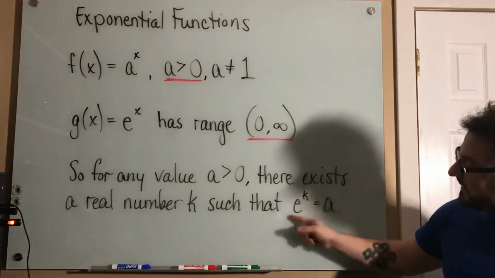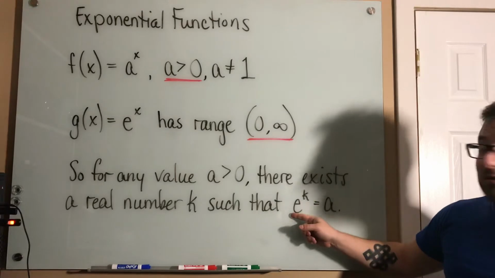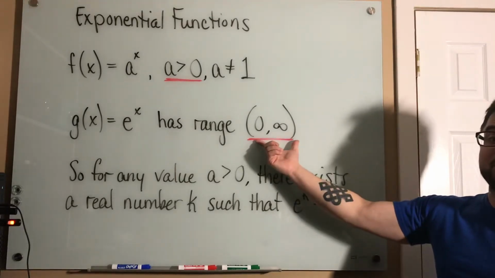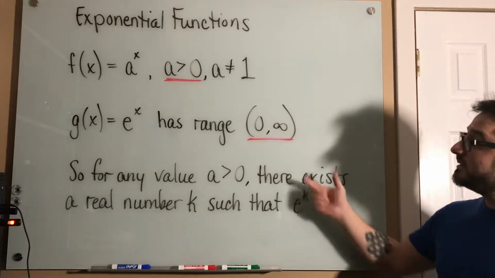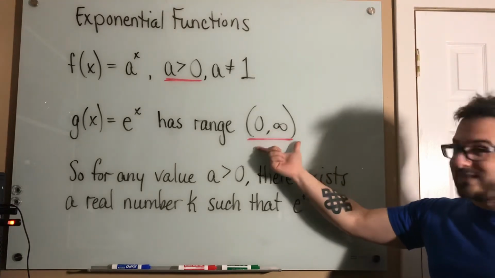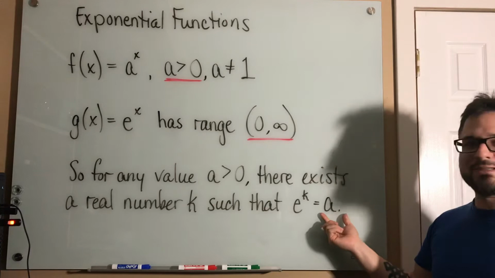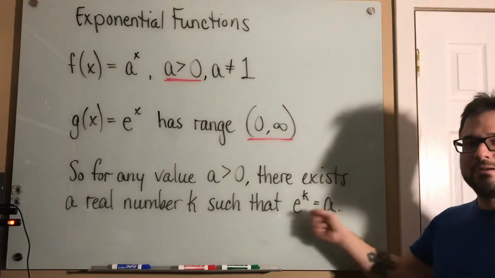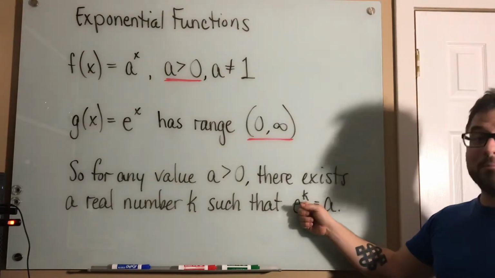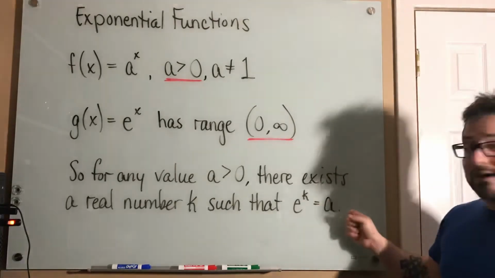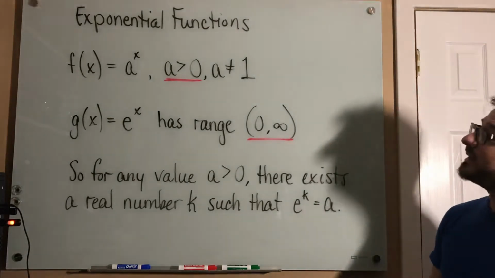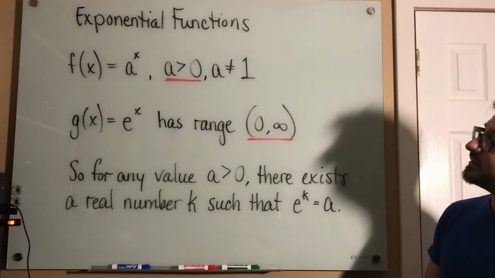We've got e to a power, which always produces a positive number, and a, which could be any positive number. So this is any positive number, that's any positive number. There's got to be a value, some power of e somewhere, that makes these e to that power and a equal to each other. So that's going to be the key here.